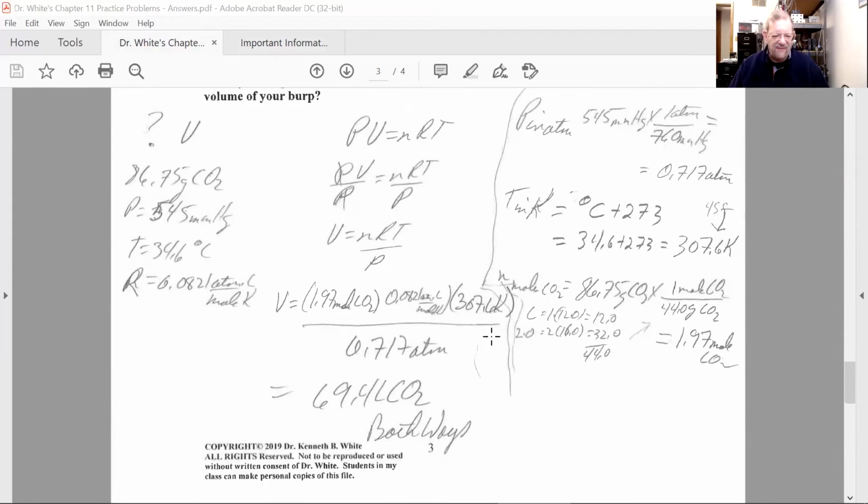And now I've calculated 1.97 moles. R from here, 0.0821. Temperature, Kelvin, 307.6. Pressure in atmospheres, 0.717. And if you were able to burp that much, which you can't, you'd get 69.4 liters.